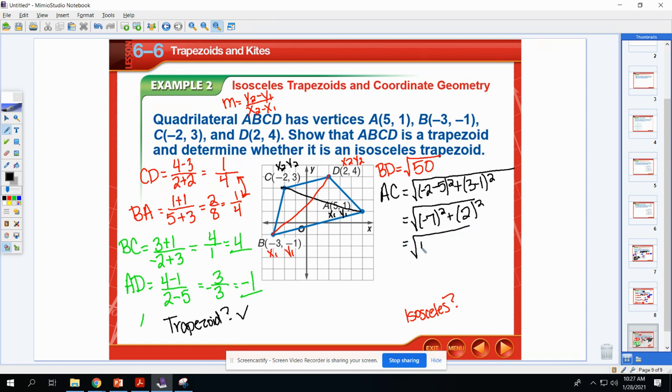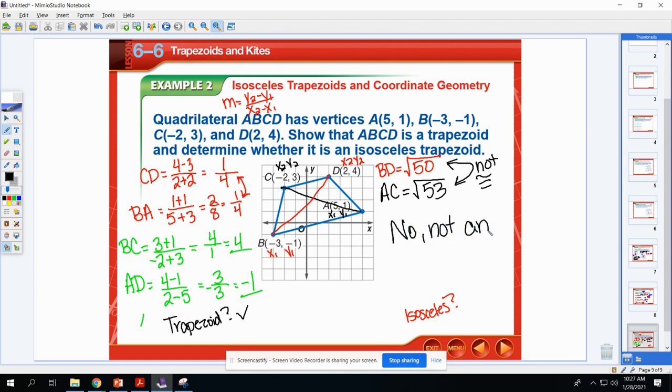So this is going to be 49 plus 4, which is the square root of 53. Hopefully you guys can tell, judging by our work so far, our first square root was the square root of 50 and our second was the square root of 53. So these are not the same. Our diagonals are not congruent, which tells us no, this is not an isosceles trapezoid.